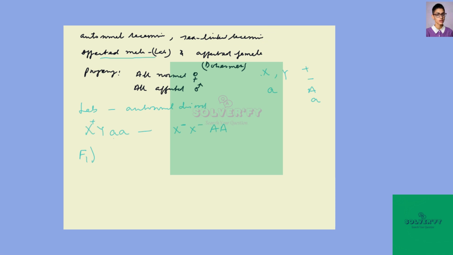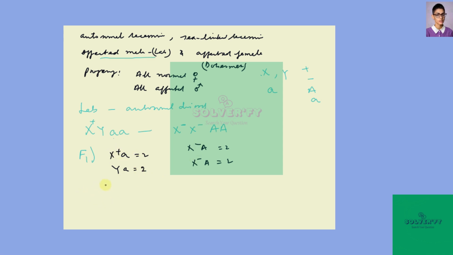The gametes in this case will be X plus A, two gametes, and Y a, also two gametes. Here, X negative A will be two gametes, and again X negative A, two gametes. So consider only these four.